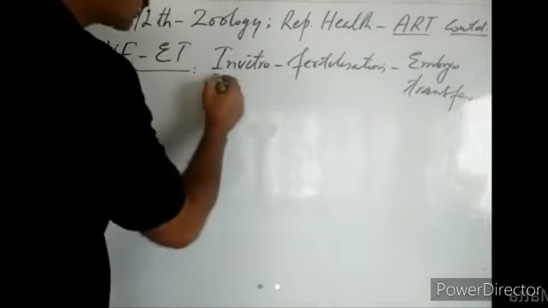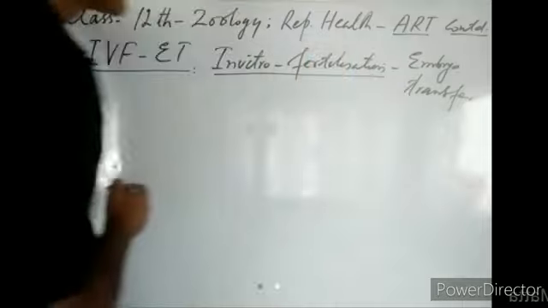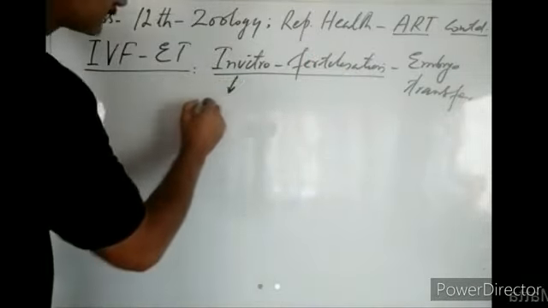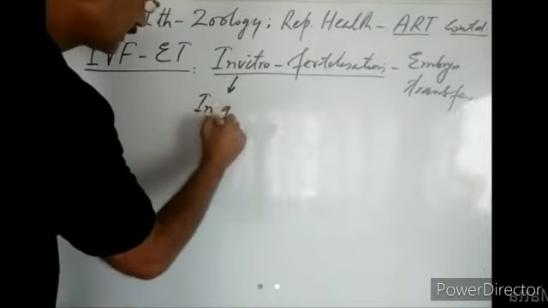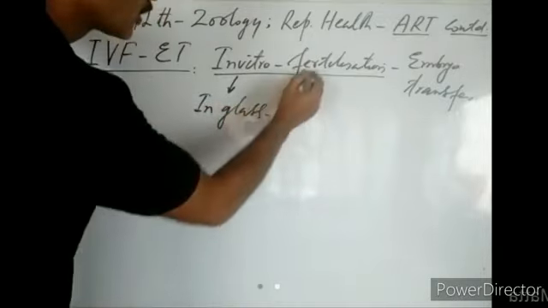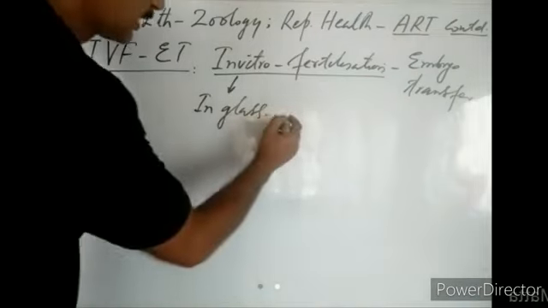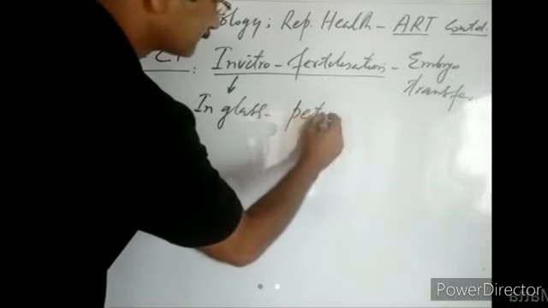So what is in vitro fertilization? What do you understand by in vitro fertilization? In vitro means in glass. Fertilization. So here the fertilization is carried out in a glass petri dish.